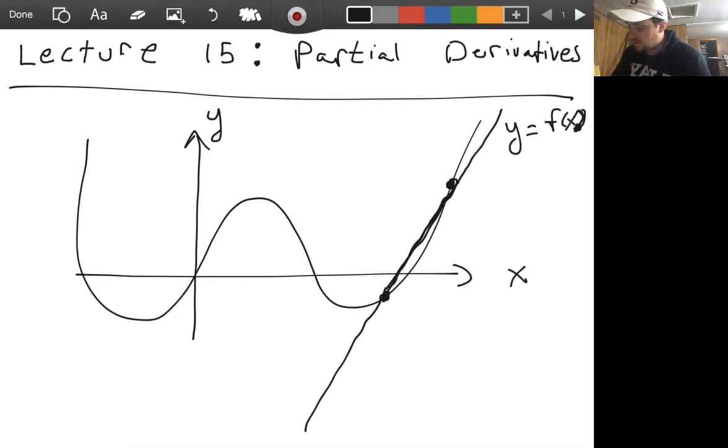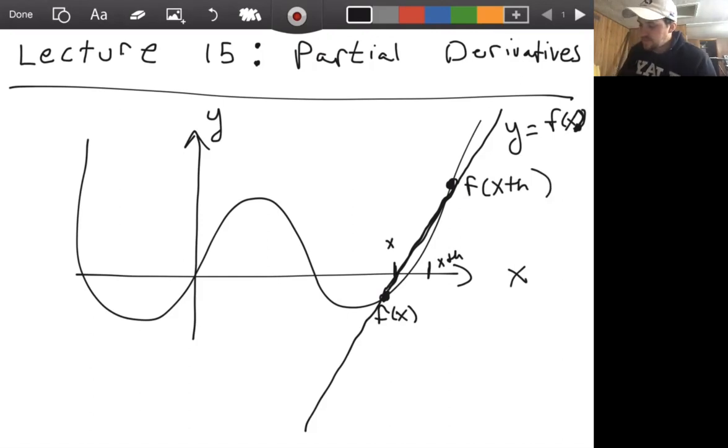Well, if this was the point f of x, say here we're at x, and the next point on the curve is f of x plus h, how did we find the average rate of change over this curve, right?